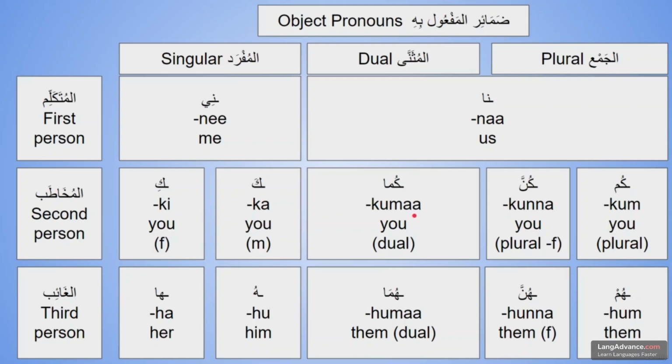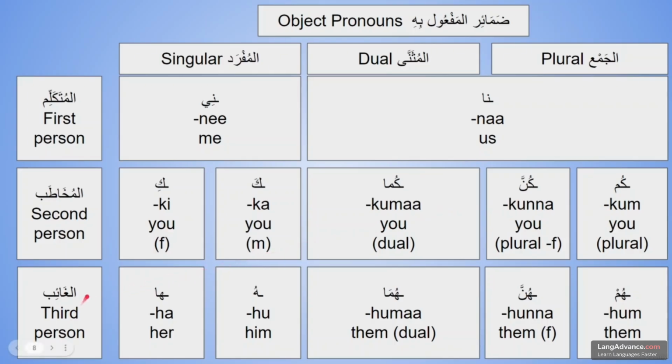So kuma here is the suffix for the dual. And for female plural it is kunna, so it's قابلكن. And for plural male or mixed it's قابلكم. So kum here is the suffix for plural male second person.